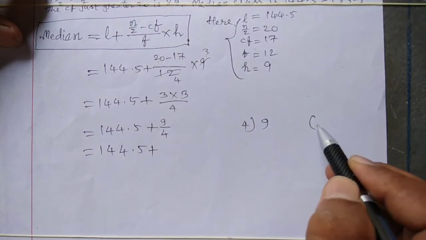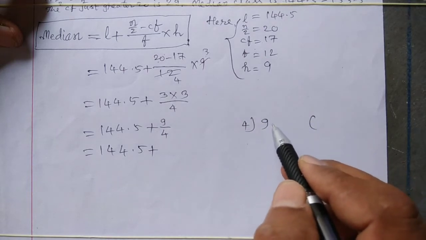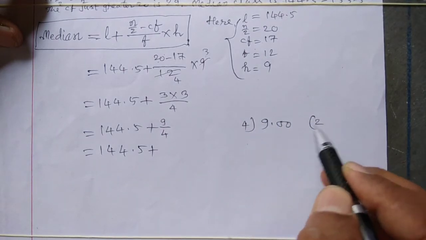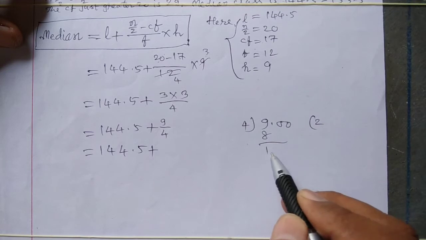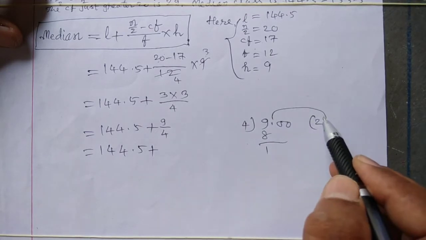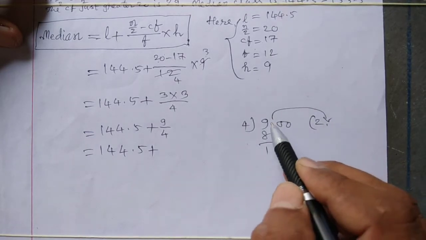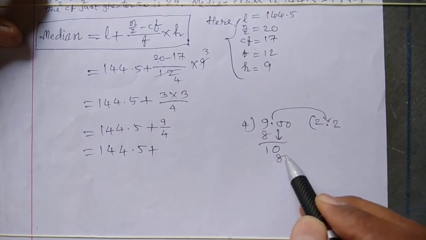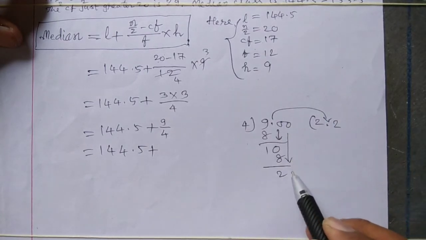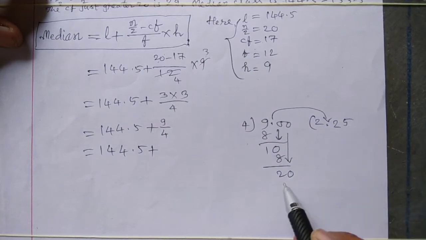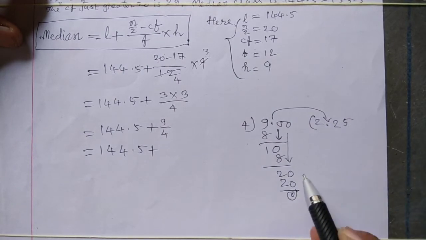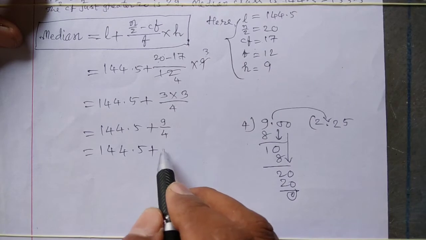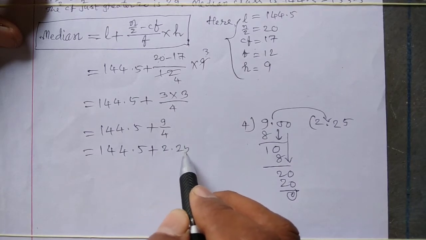We have to find the decimal value by dividing 9 by 4. We can divide like this: 4 twos are 8, remainder 1. Keeping a decimal point in the quotient, bring down 0, 10; 4 twos are 8, remainder 2; bring down 0, 20; 4 fives are 20. So we get 2.25.